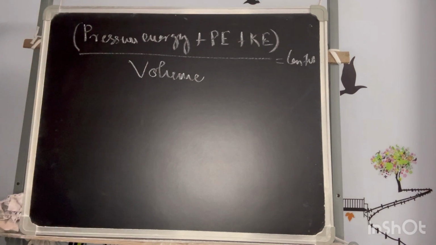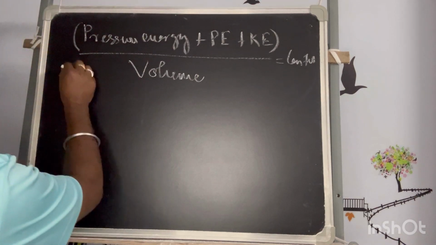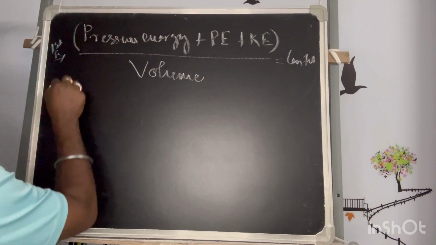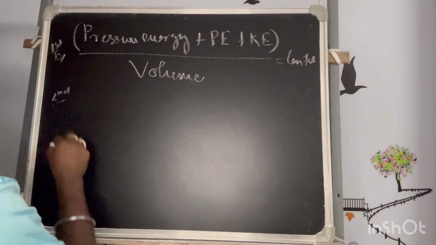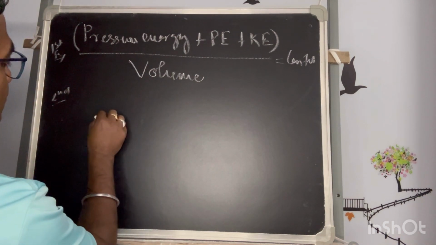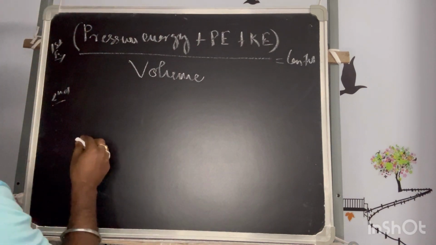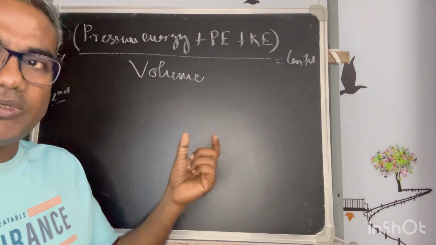After that, the second phase of this, the first formula. The second formula, what we did, we divided it by rho and g. That means specific gravity.